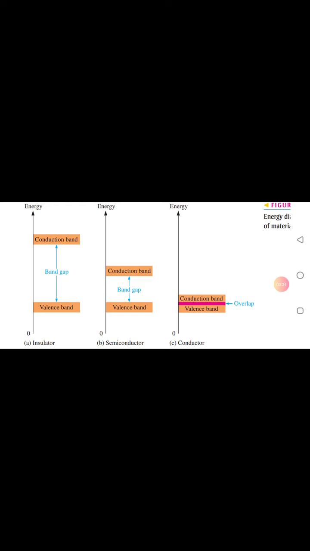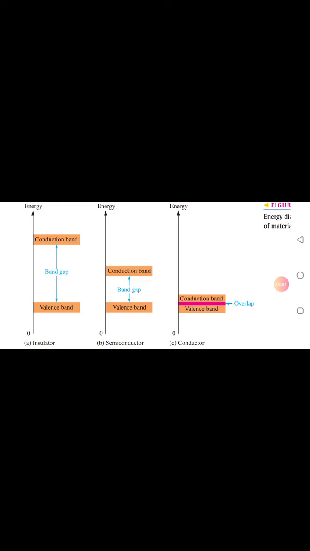Because semi means half. It means it is a half conductor. Semiconductor is the base of electronics. Like silicon is a semiconductor material, germanium is a semiconductor material, arsenic is a semiconductor material. Electronic devices are based on semiconductors.